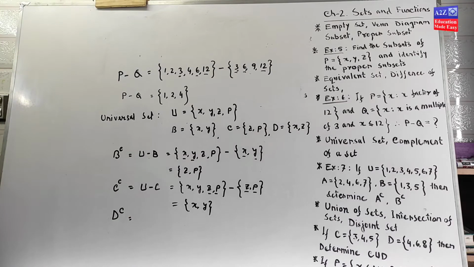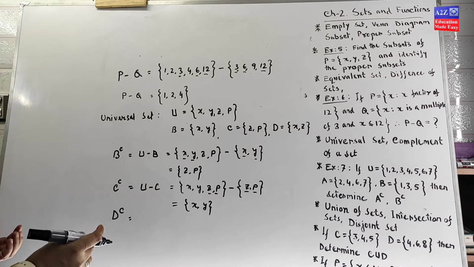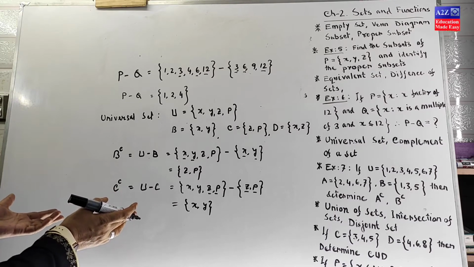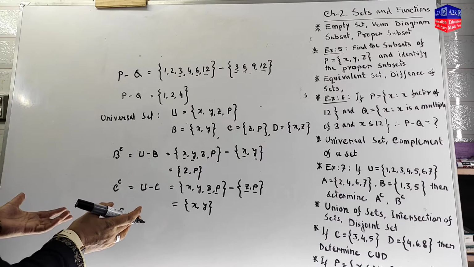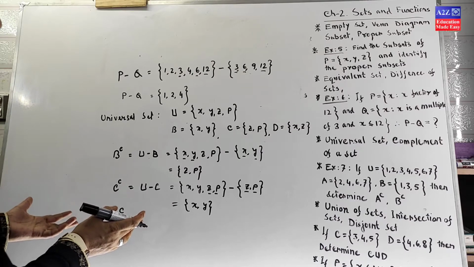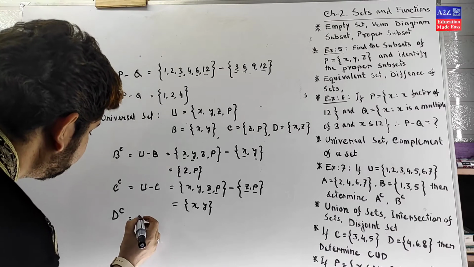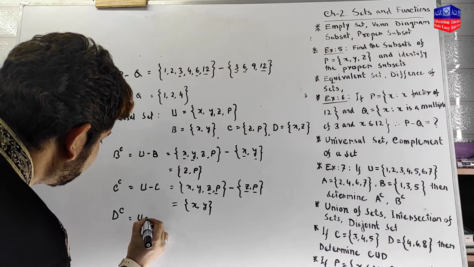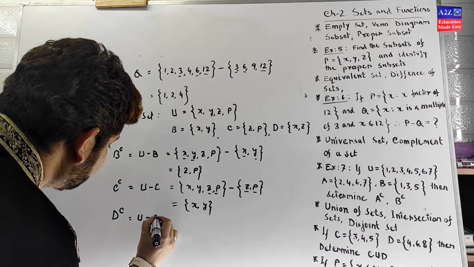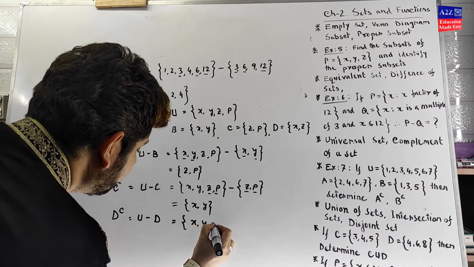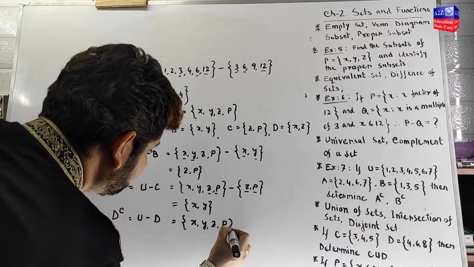Actually, you will find all the definitions in your book, so I would like to give some explanations by using these examples so that you get clear conceptions of universal set or complement of a set. Okay. So what would be D complement? It would be universal set minus subset D. Therefore universal set equals x, y, z, p.